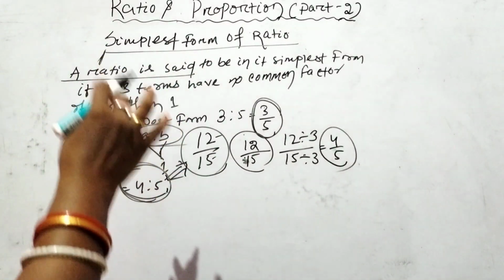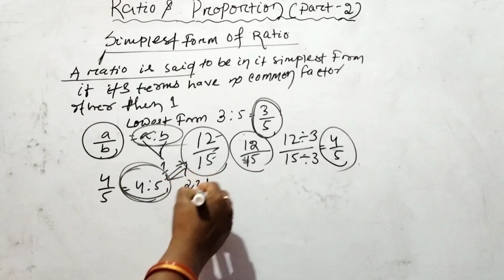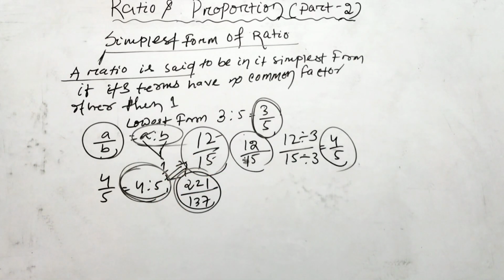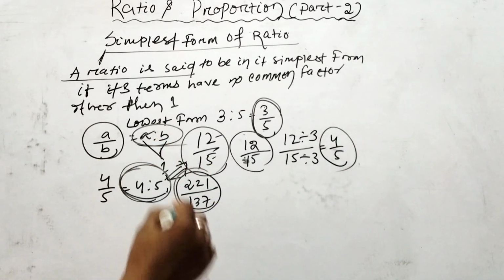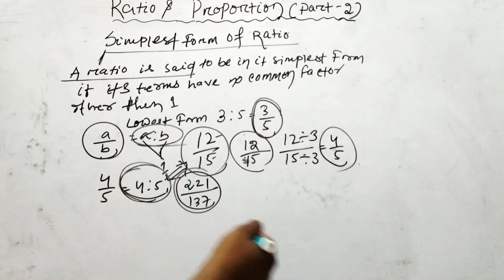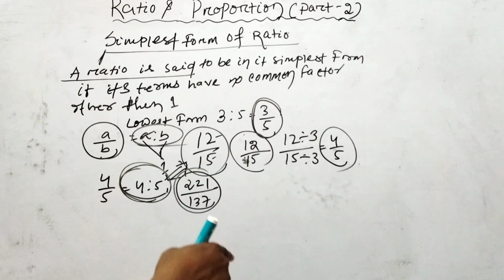If there are numbers like 221 by 137, you just find the HCF between 221 and 137. If the HCF between the two terms is 1, then the ratio is in the lowest form. If the HCF is other than 1, we divide both terms by the HCF, and we find the lowest term of the given numbers.